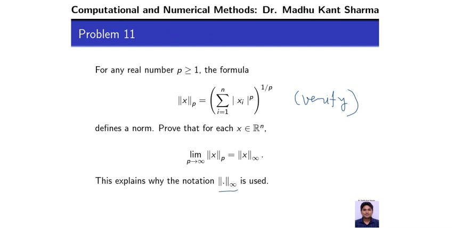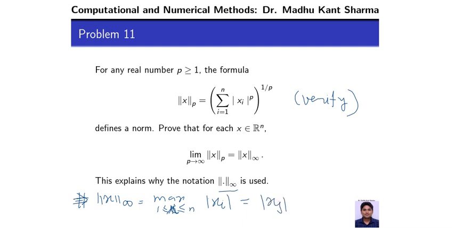This is a finite set, so the maximum definitely exists. Now, what is the p-norm of x raised to the power p? It is the summation for i equals 1 to n of |xi|^p. But we know the infinity norm of x is equal to |xj|. What does that mean?